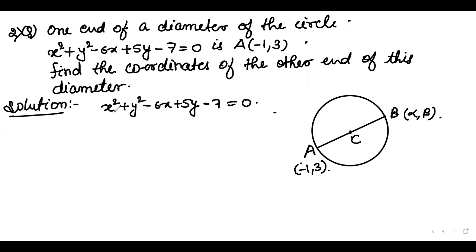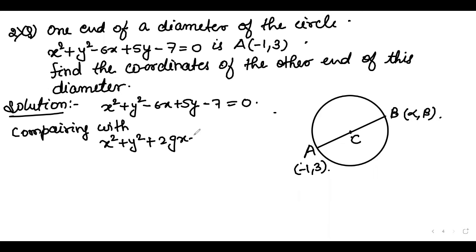So from here I can find out the center of the circle. I'm comparing with the equation of the circle x square plus y square plus 2gx plus 2fy plus c equals to 0. So here 2g equals to minus 6, then g equals to minus 3.